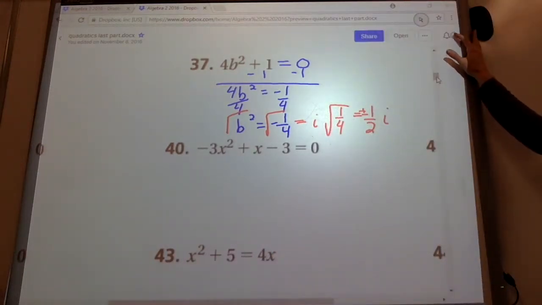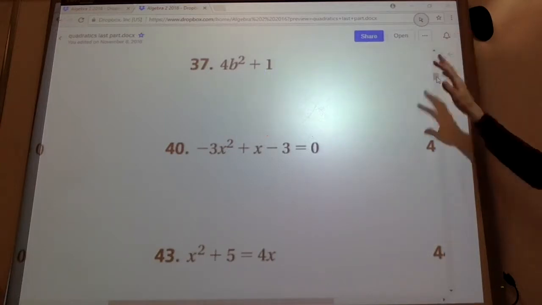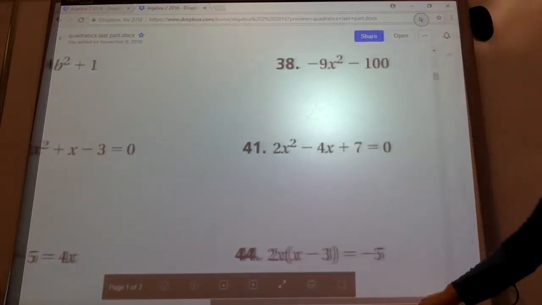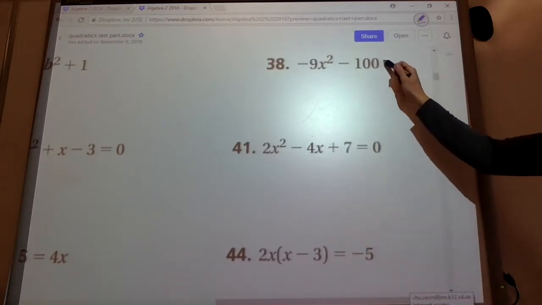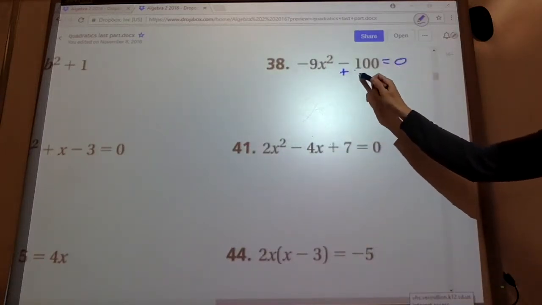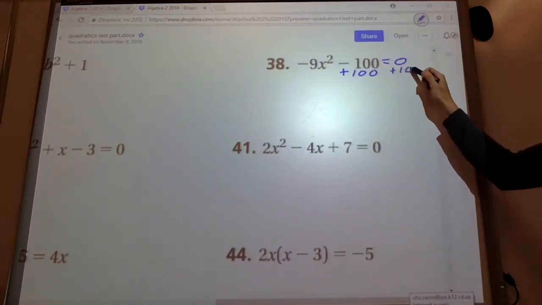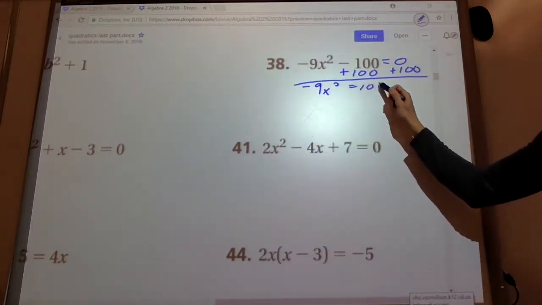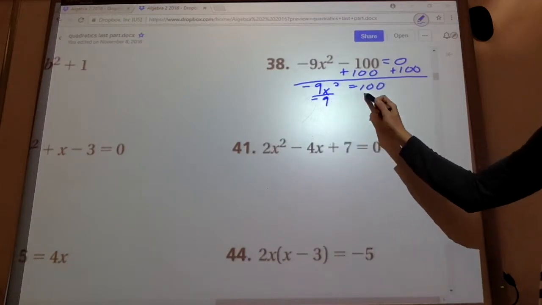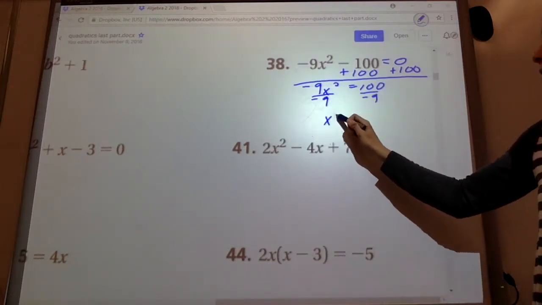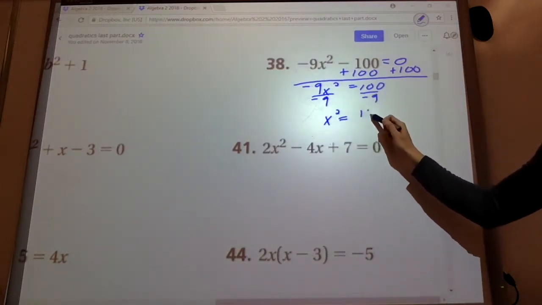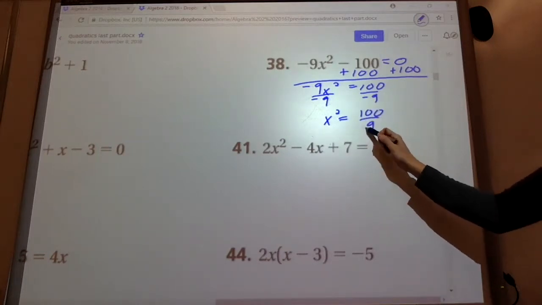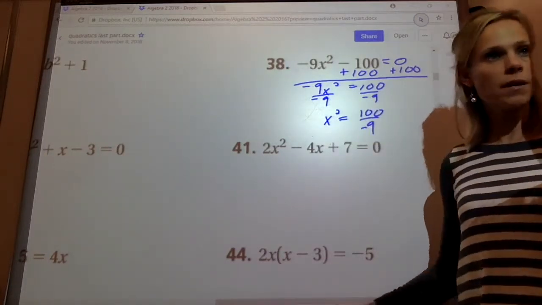Let's do another one of those, and then we'll do a couple of quadratics. So add 100. Divide by negative 9. And 100 and 9 should look like good numbers to you, because they're both perfect squares, right?